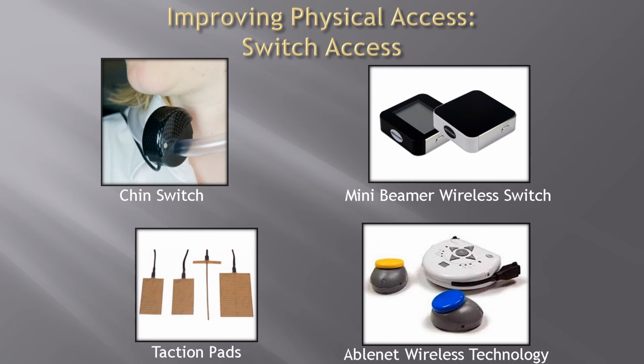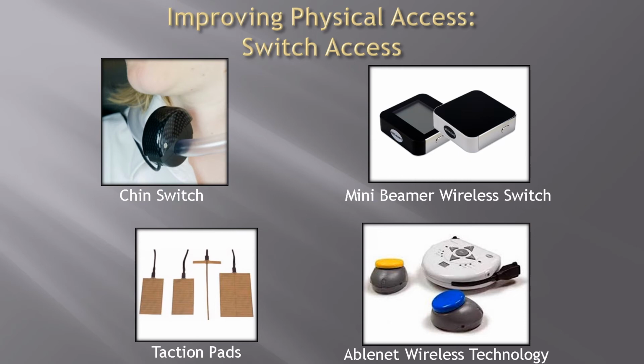In the top right, the mini Beamer wireless switch is one example of an electronics wireless switch system. It consists of 2 parts, a receiver unit that is plugged into the device you wish to control, which will receive the signal that is sent to it by the second half of the system, called a transmitter, which is positioned where the client can reach it.